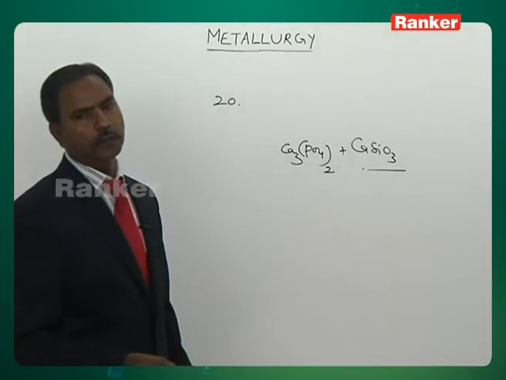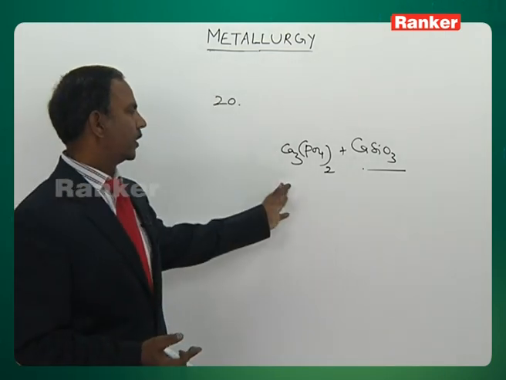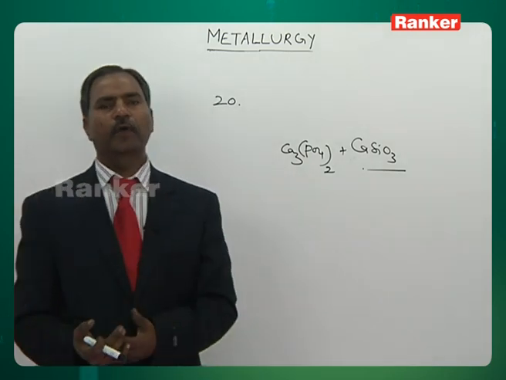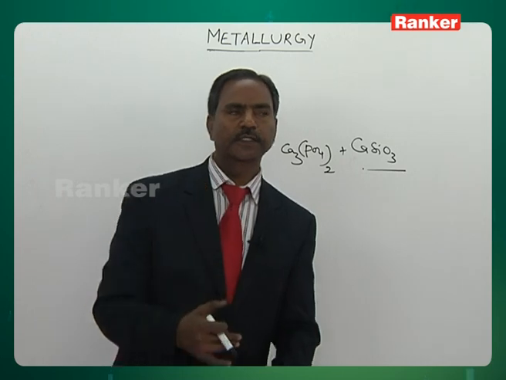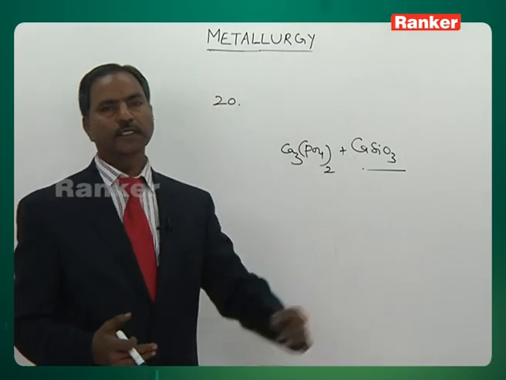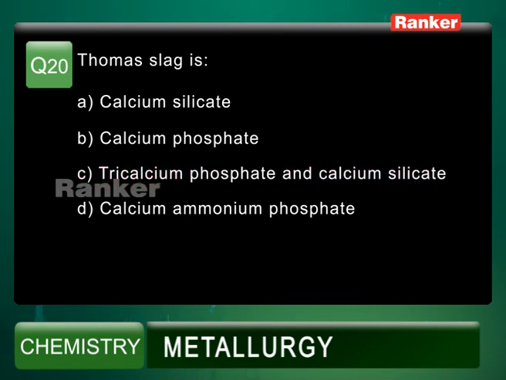In the manufacture of iron, you are getting this as one of the byproducts. This is used as a fertilizer. So, Thomas slag is a calcium phosphate and calcium silicate mixture. There, question number 20, answer is C.